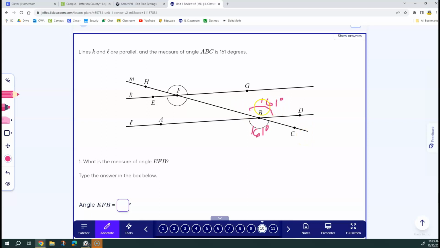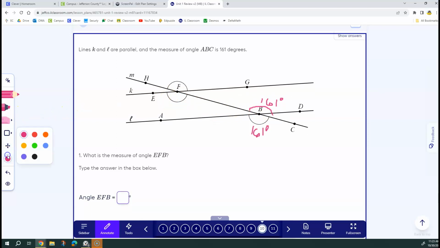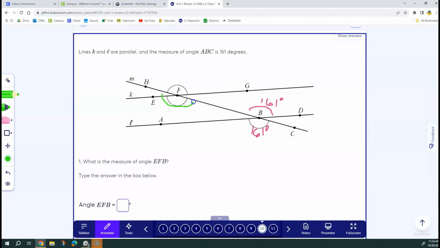Now we need the angle measurement for this one right here.